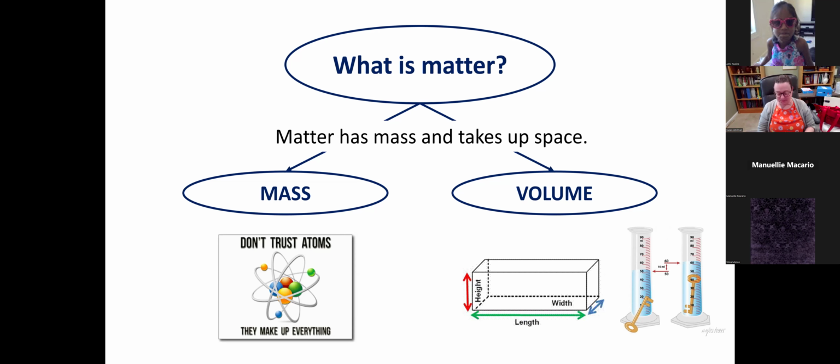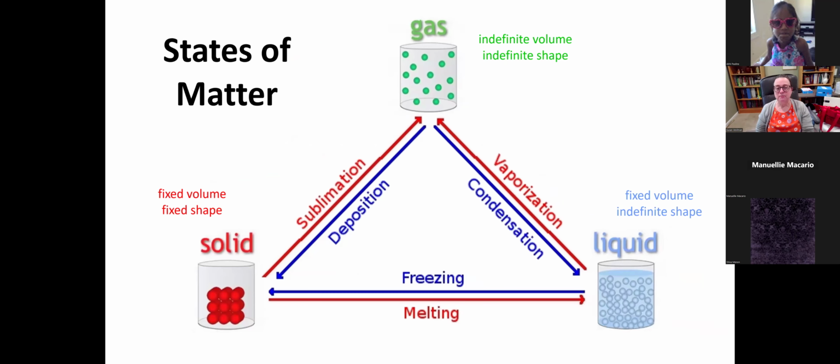That'll be our plan. All right. So anything that you can find that is made up of atoms has mass, and it occupies some volume. And we know that matter comes in three main ways, right?